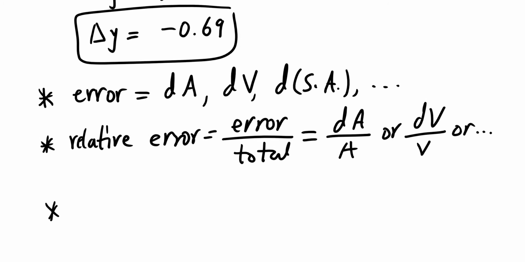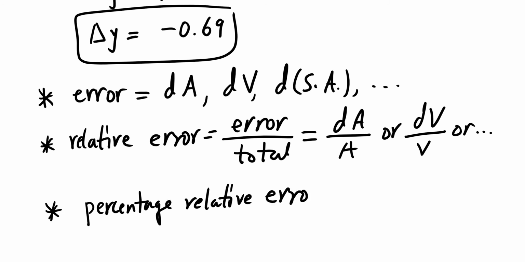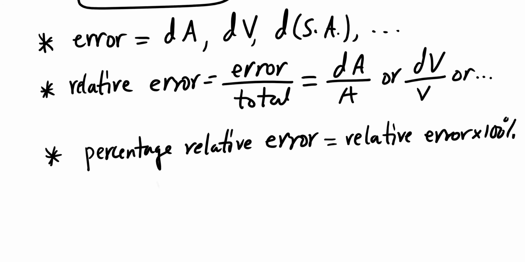And the last one is percentage relative error. This is basically the relative error that we found in the previous line times 100%, so it's converting the relative error into a percentage.